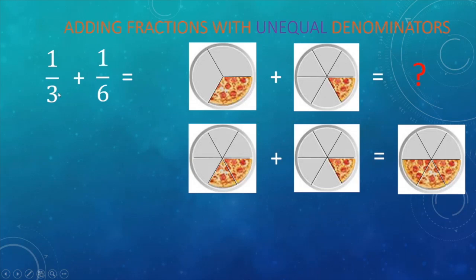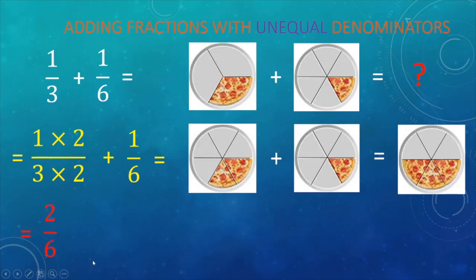And if we multiply the denominator times 2, at the same time we need to multiply the numerator by the same number. So 1 times 2 and 3 times 2. So 1 times 2 will be 2, 3 times 2, 6, plus 1 over 6.